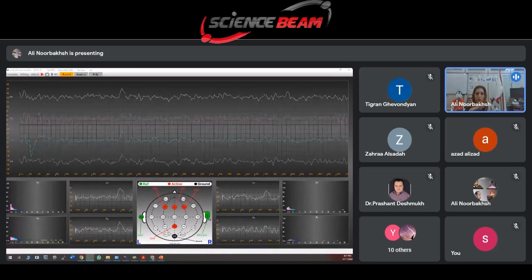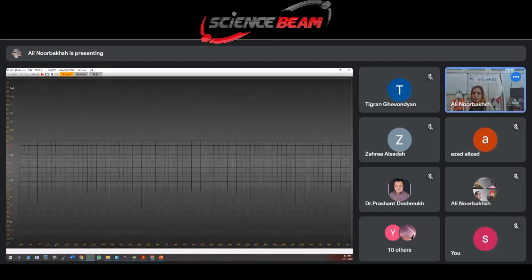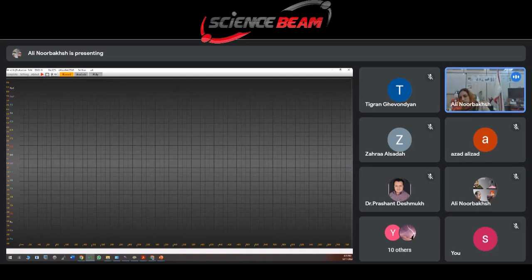But now I want to select evaluation 19 channel for recording QEEG. As you can see, there are 19 channels on this page: FP1, FP2, F3, F4, and PZ.